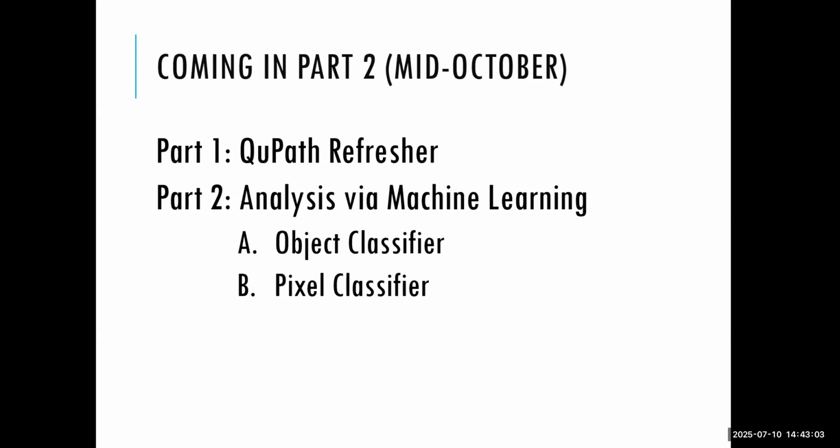Pixel classifier is more for detecting things. So I did this a while ago. I had an image I saw on the news of, I think it was about 200 flamingos, and I trained QuPath to detect what a flamingo was and what isn't. So that would be the pixel classifier.